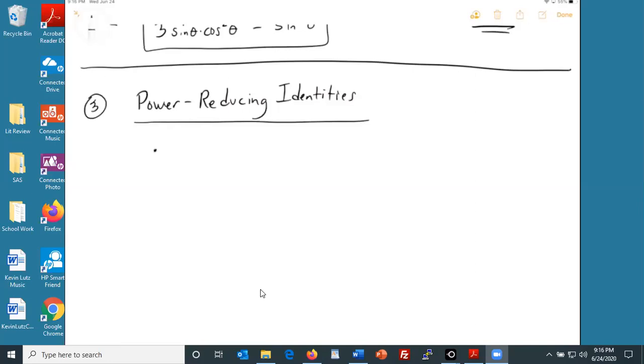So first, the power reducing identities, these are really just found by rearranging a little bit the double angle identities for cosine.